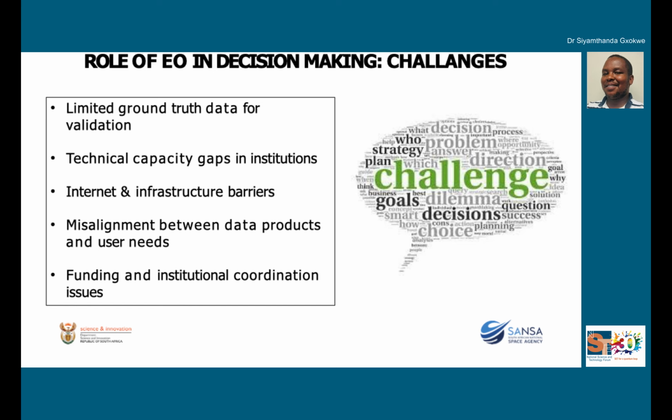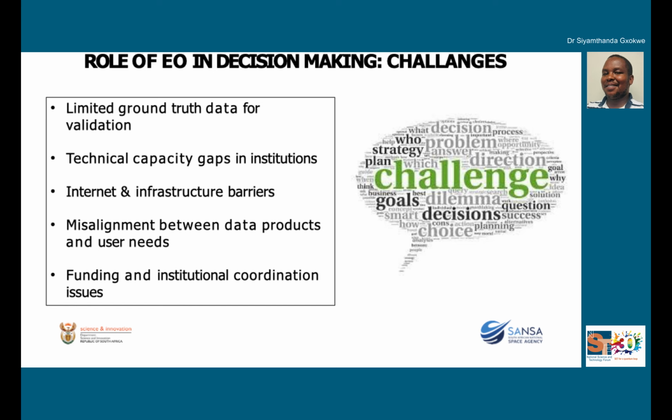And also, we have technical capacities, which is one of the key things that we are still struggling with, where we have less capacity and more work that still needs to be done within the Earth observation space. And also some of the infrastructural challenges: most of the data that we have requires quite a good storage, so we constantly need to expand on the storage as new data becomes available.